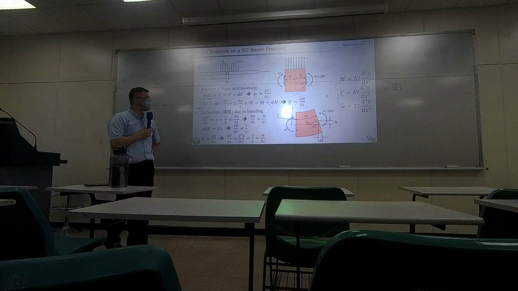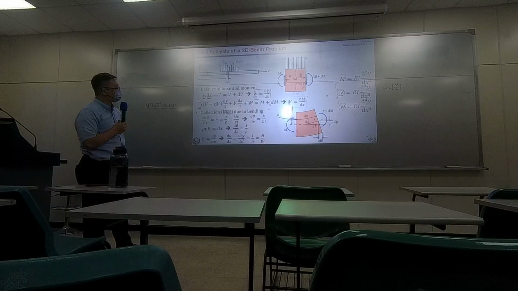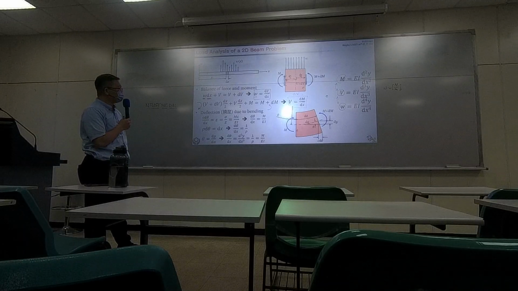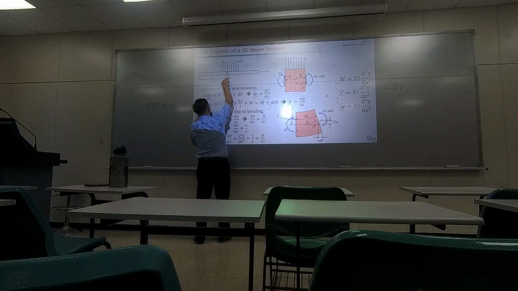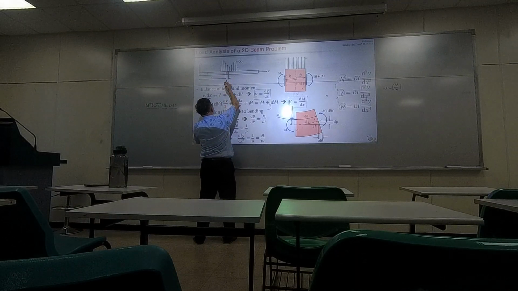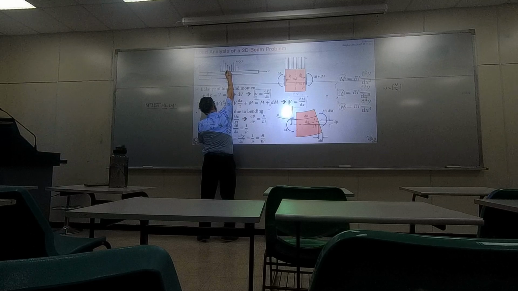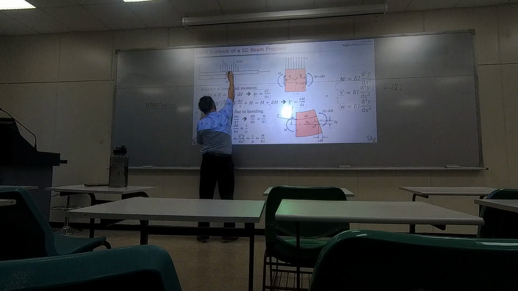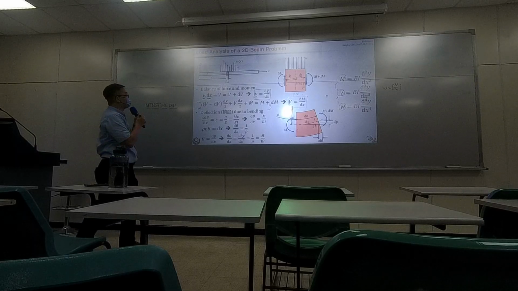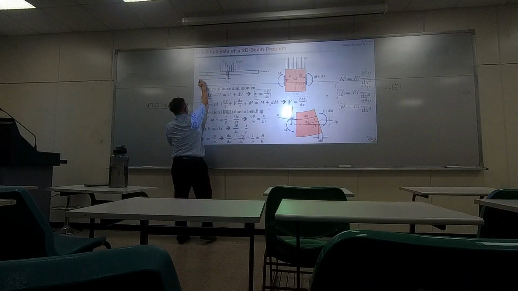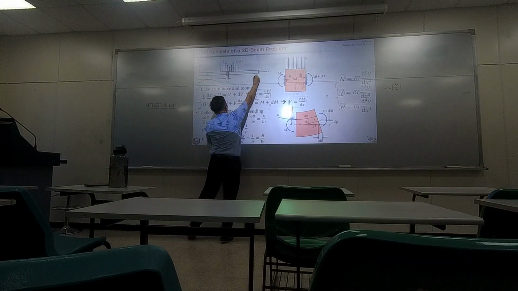Now, deflection. Why do we need to know about the deflection? Basically, due to the force, this particular element deflects a little bit. So at the end, the beam could have a certain shape.